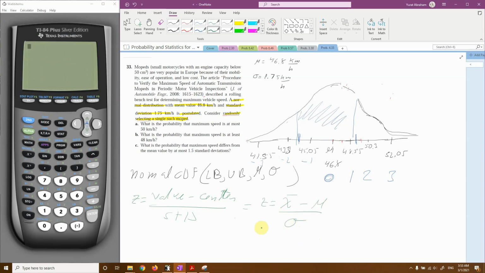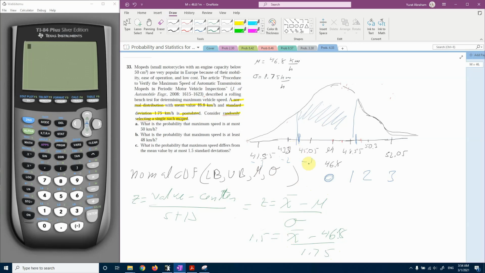If we use the positive 1.5, it'll be 1.5 equals x bar minus 46.8 divided by 1.75, and we solve for x and get the value, then plug into the calculator. And then we do the same thing with the one on the left, which will be negative 1.5, and then we get those two x values and plug them into the calculator.